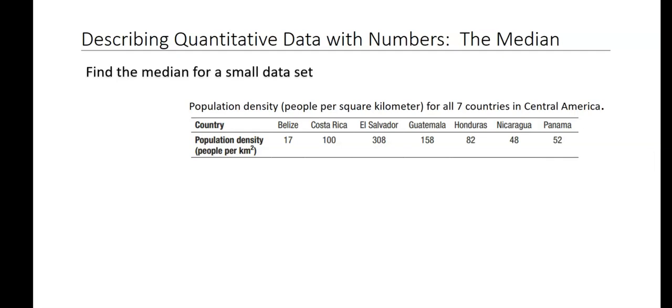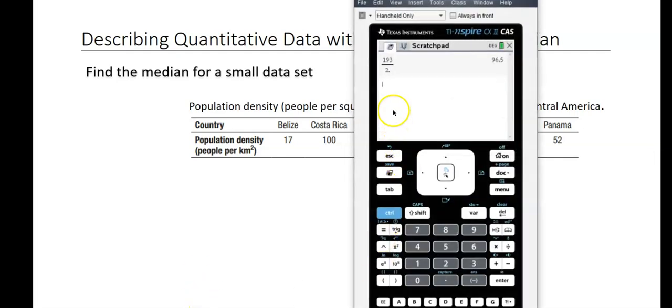So in this case, population density of different countries: 1, 2, 3, 4, 5, 6, 7. Because there's an odd number of countries, there is one term in the middle. I'm just going to show you the calculator so you can see my process.